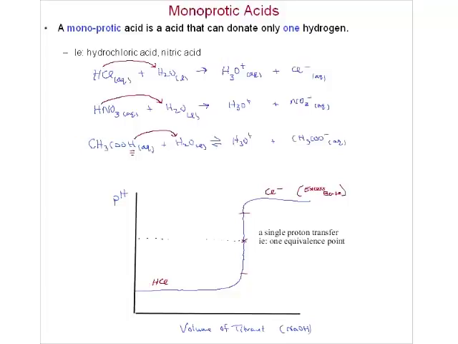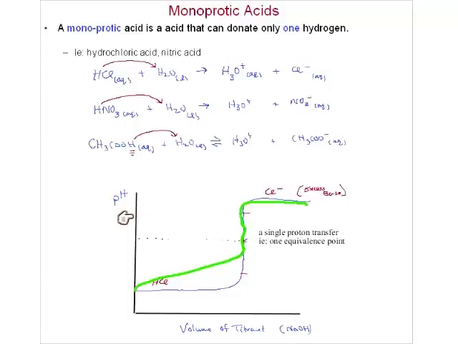With acetic acid, remember, acetic acid is a weak acid, so you're going to see a curve that's going to be more up along like that, and then it's going to level off, right? Because acetic acid is a weak acid, it's going to have a much sharper incline because it's less able to ionize, and therefore the vertical region is going to be up further, remember?